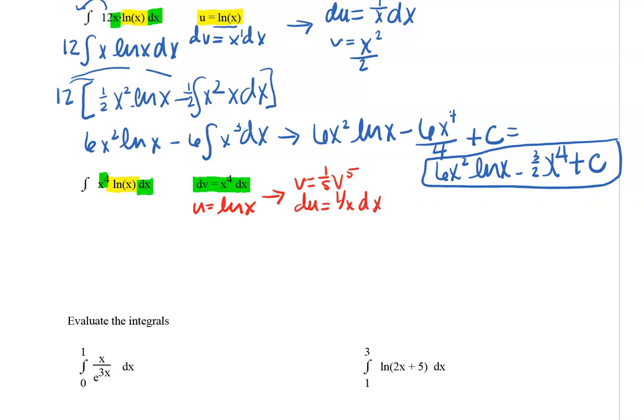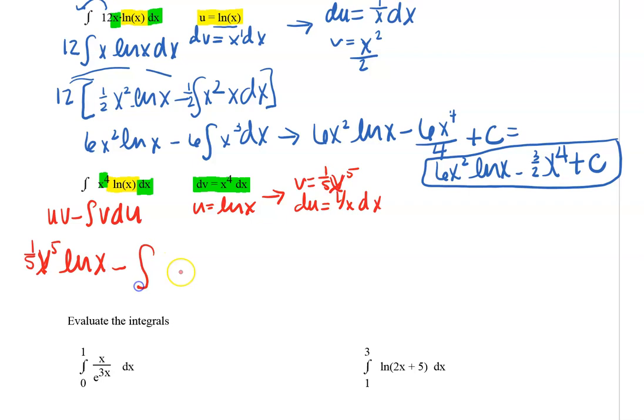And so again, we're using our uv minus the integral of v du. So u would be ln x, v would be 1/5 x to the 5th. And I always put this part in front of my ln x so it doesn't accidentally coincide with this x.